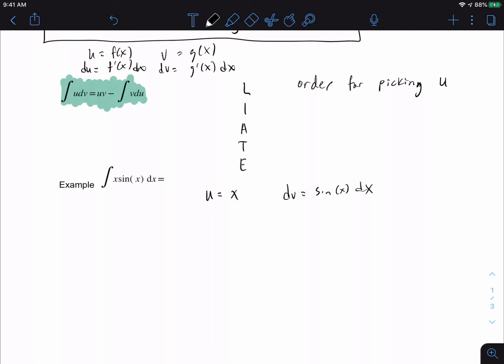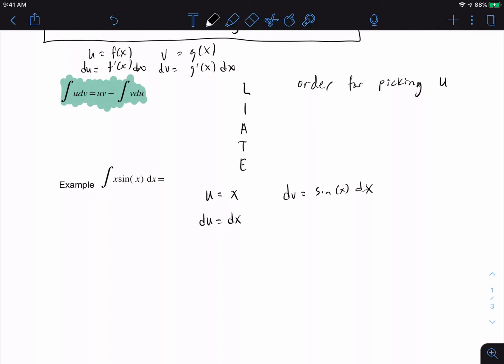Now I have to find du and find v, because I need to know all the parts: u, du, v, and dv. On the u side, I have to take the derivative, so du is dx. With the dv, I have to take an integral.